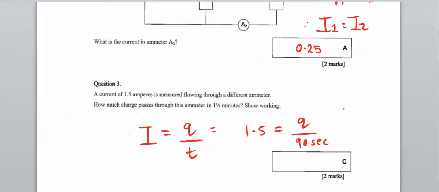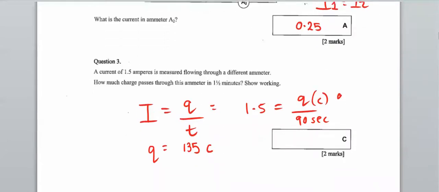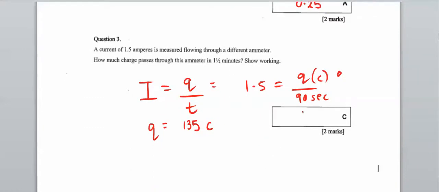So therefore the charge, and this is obviously in coulombs, is equal to 90 times 1.5, which is 135 coulombs. Seems like a lot of coulombs.